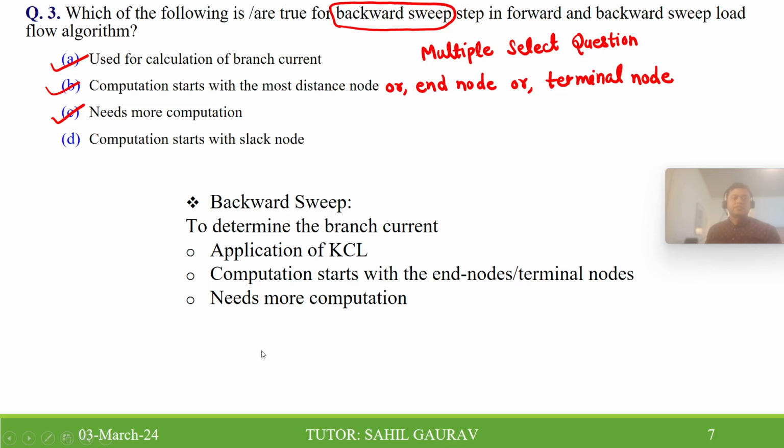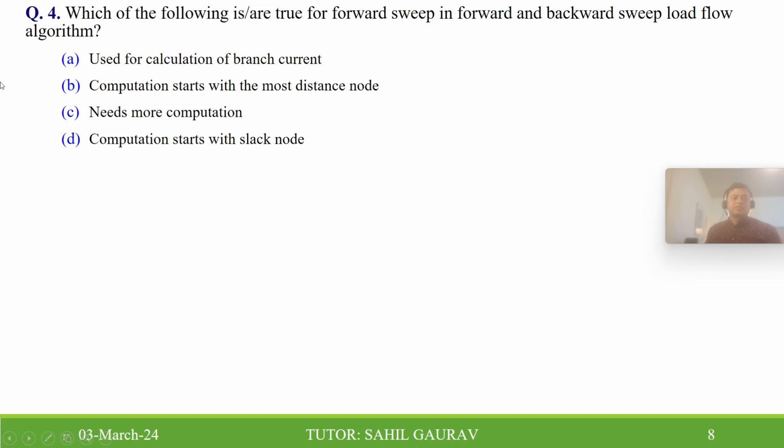Now moving forward to the next problem. In this problem, you have to tell which of the following is true for the forward sweep in the forward backward sweep load flow algorithm. It is just the same as the previous problem, and the options are the same. I don't think there is much problem in this question. Since A, B and C are correct for the backward sweep, D is the only choice.